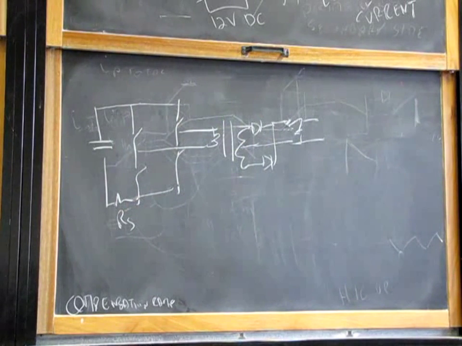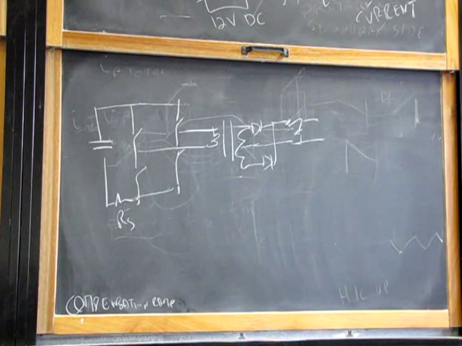Current mode can require a compensation ramp if the duty cycle is larger, wider than 50%. Do we have a duty cycle larger than 50% in a full bridge?